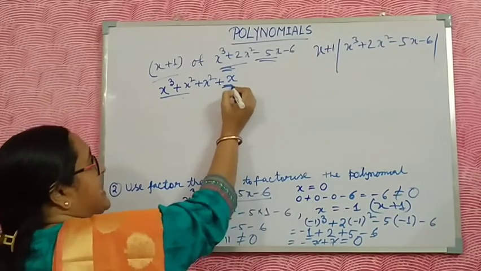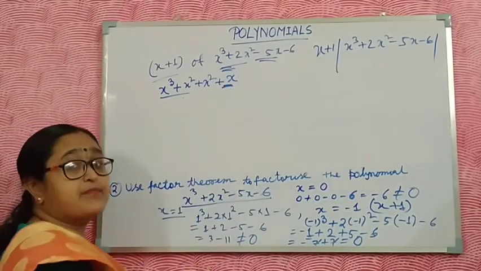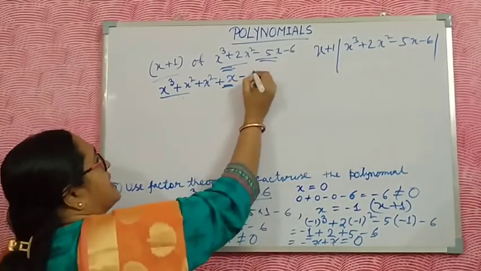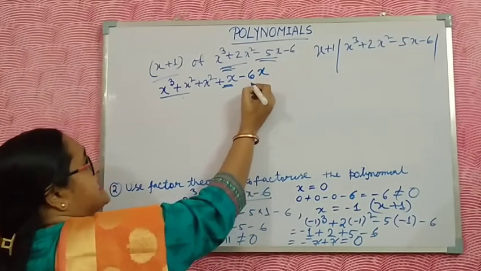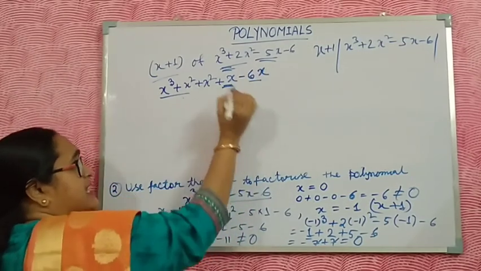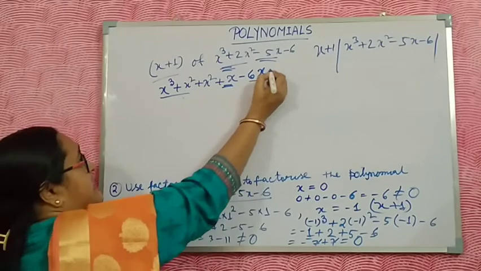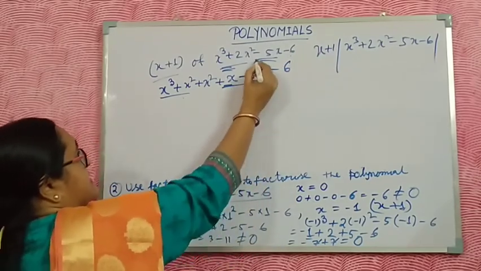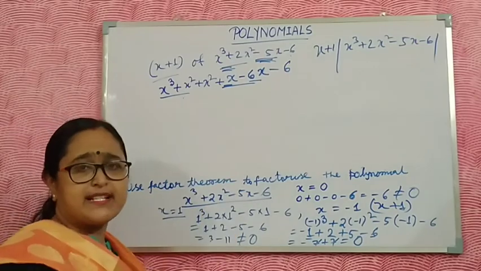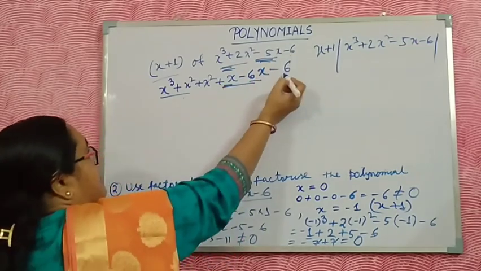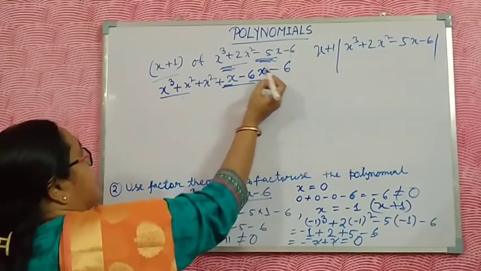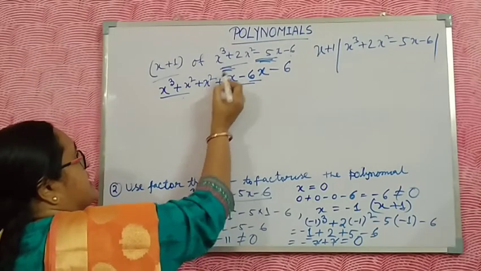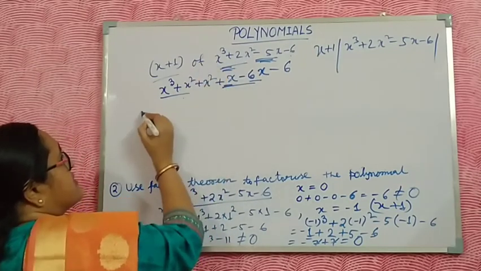But I take here plus x, that's why you have to write minus 6x. Minus 6x plus x is minus 5x. And then minus 6 is here. Then x square plus x square is 2x square. Then x cube is here.